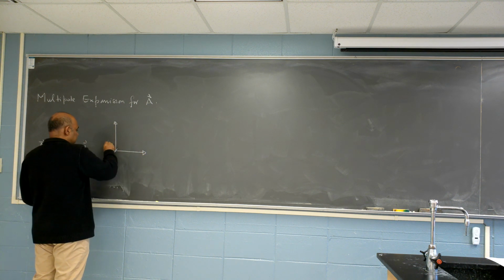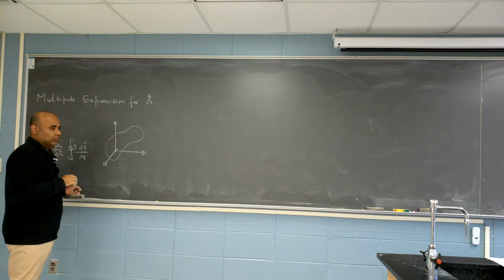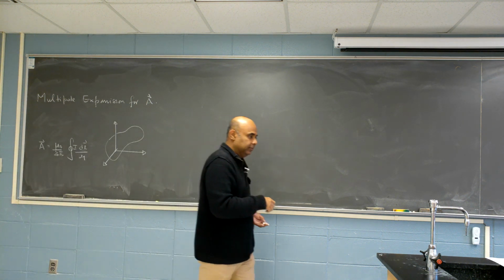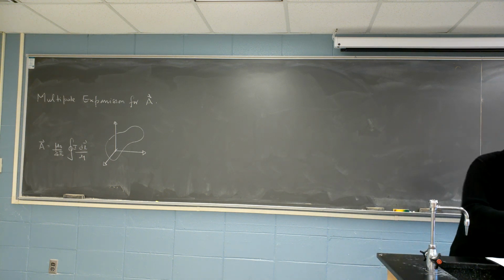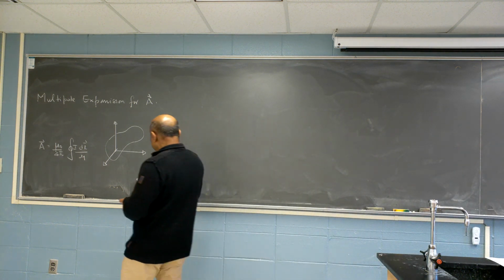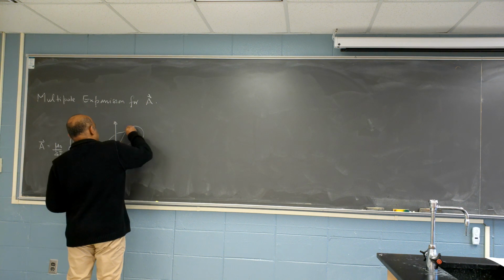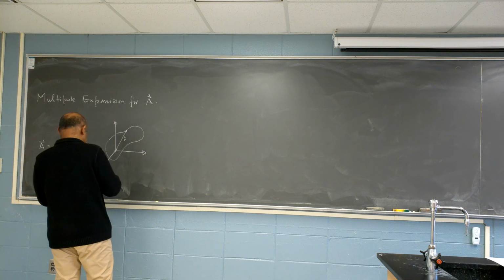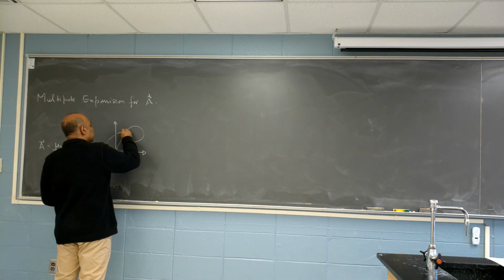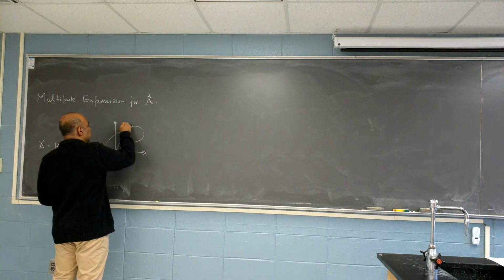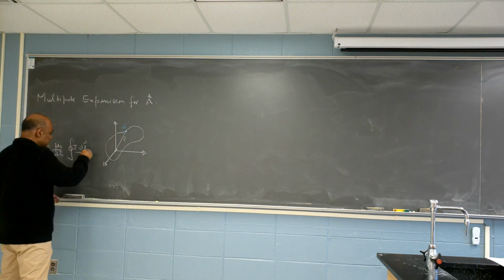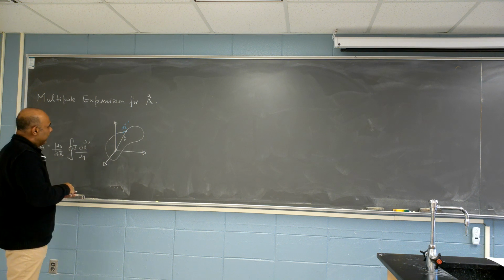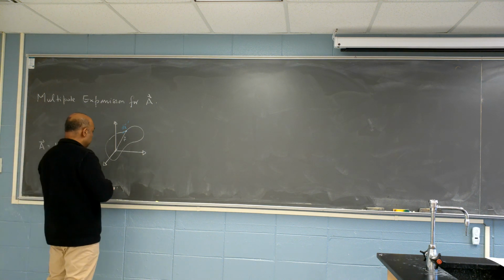So you have a current loop over here, and then you locate any point over here by R prime, and there is a current element DL prime. So there it is, I forgot the prime. And so this is R prime.